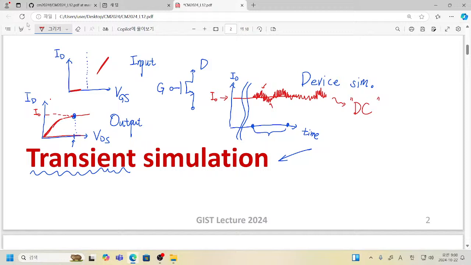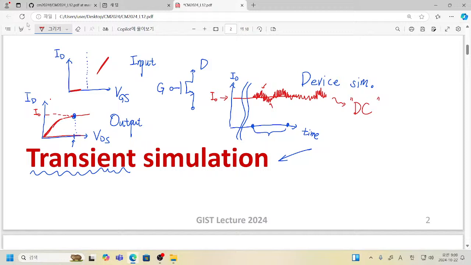Of course, I'm not saying that in the field of device simulation, DC is the only important analysis method. Even in the DC case, time transient behavior is extremely important. However, when we characterize the device, usually what we do first is get the DC characteristics, input and output characteristics.